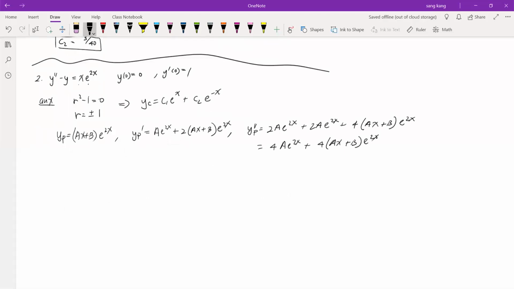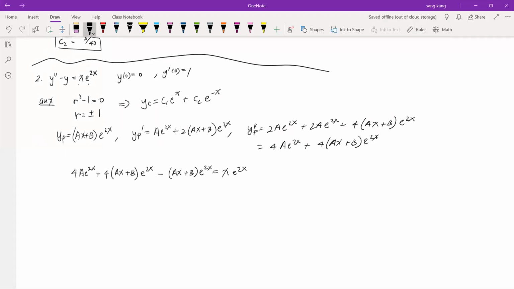So now we plug into our differential equation. We get 4a e to the 2x plus 4 times (ax plus b) minus y. So y is ax plus b, that equals our right-hand side.